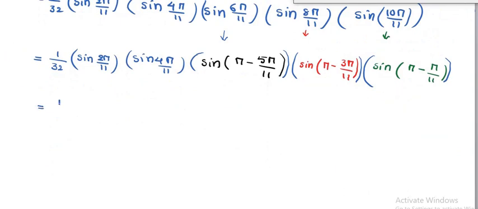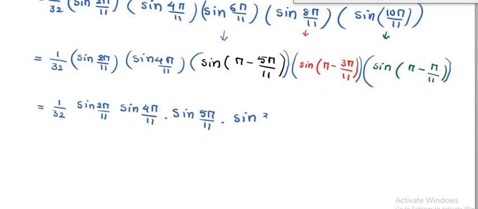1 by 32 into sine 2 pi by 11 into sine 4 pi by 11, sine of 180 minus theta is sine theta, finally sine 5 pi by 11, sine 3 pi by 11, sine pi by 11.